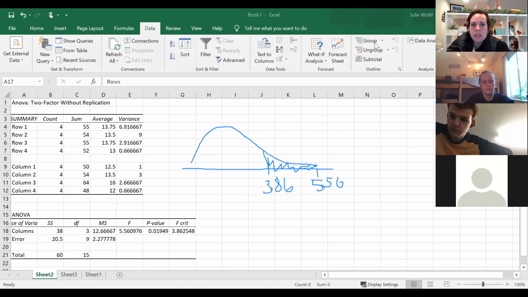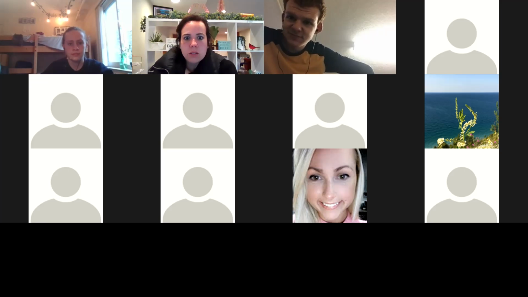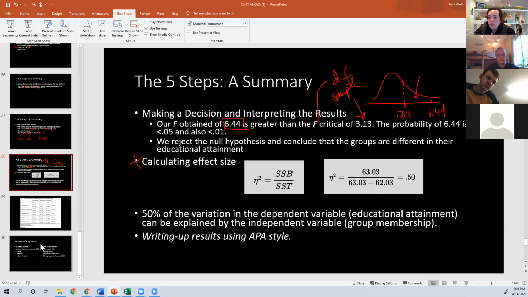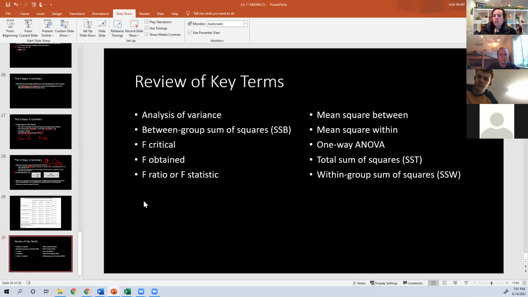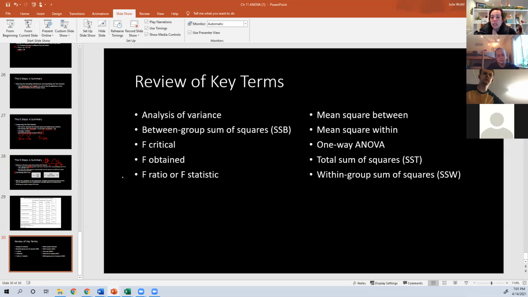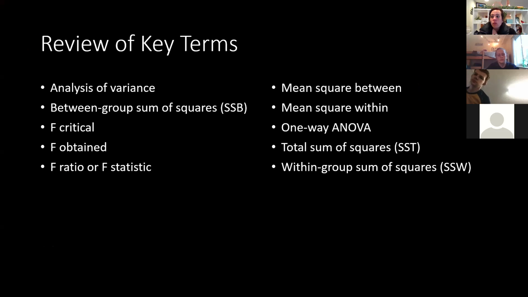Let's go back to this screen share over here so you guys can see my doodling. Okay, reviewing of key terms. Can you guys see this? Yeah, okay. So you need to know, again, what's the difference between F critical and F obtained so that you are able to actually see if there's something significant or not.